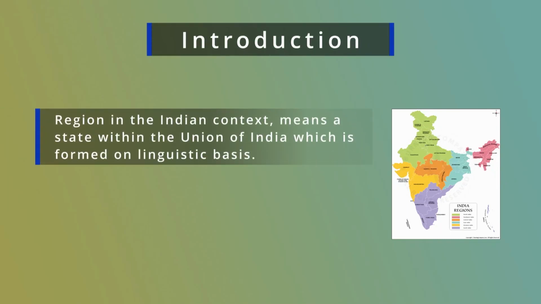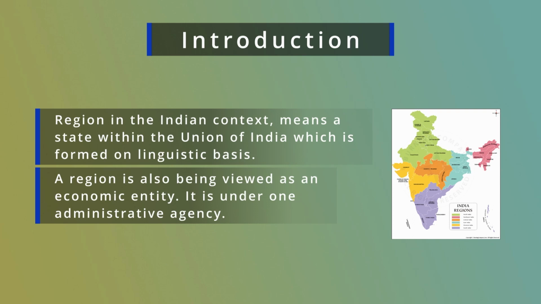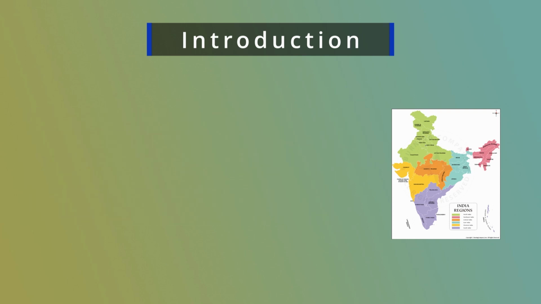The concept region is linked with space and it has a spatial dimension. In India, the states are treated as the region and they are formed on a linguistic basis. The region has a specific administrative entity and a specific geographical boundary. Side by side, it is under a specific administrative unit.